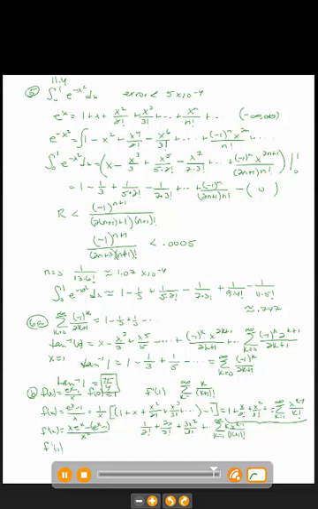F prime at 1 from up here is going to be equal to 1, and from over here it's going to be equal to the summation k equals 1 to infinity of k over k plus 1 factorial.